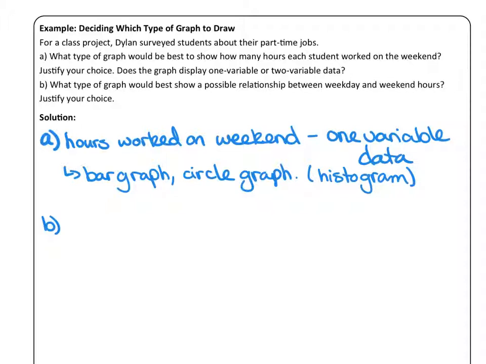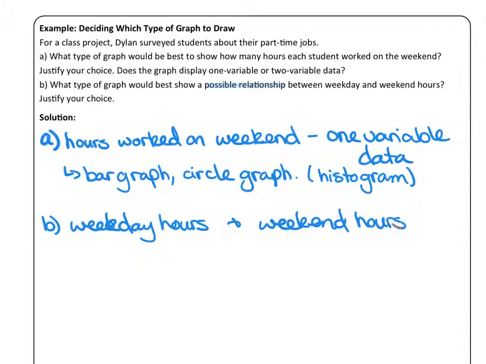B, what type of graph would best show a possible relationship? Now notice in this one, it says possible relationship between weekday and weekend hours. Because we're looking at a possible relationship, we've got weekday hours and weekend hours.